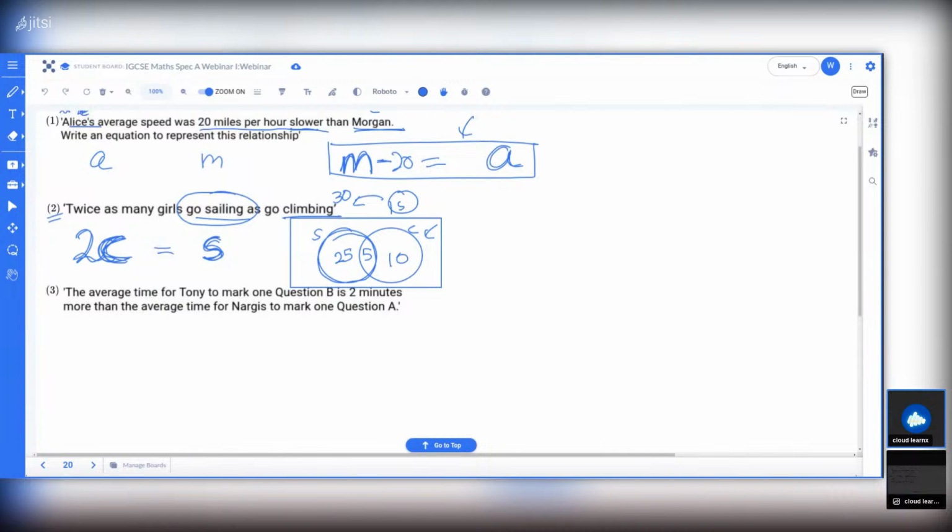Next, the average time for Tony to mark one question is 2 minutes more than the average time for Nargis. Okay, so I'm going to say average time for Tony to be T, average time for Nargis to be N. Okay, what am I dealing with here?